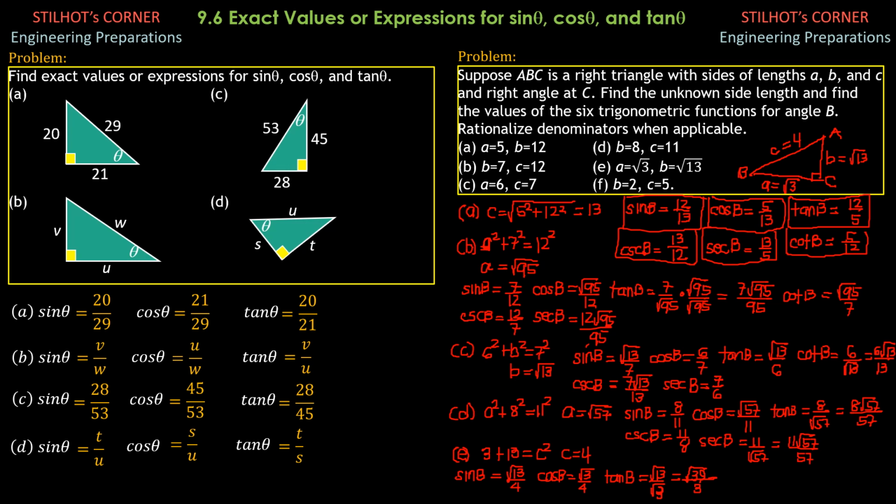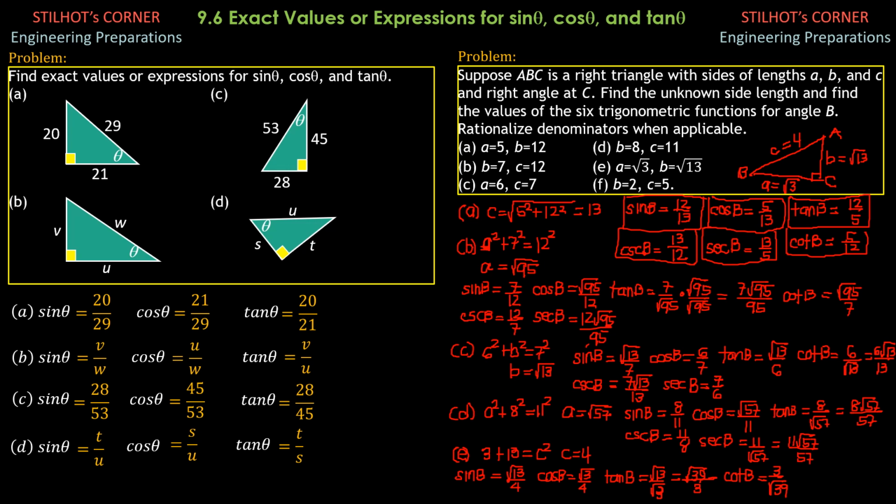Then cotangent of B is 3 over square root of 39, or square root of 3 over square root of 13.